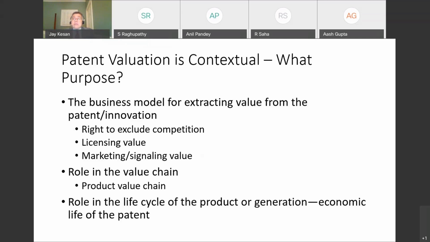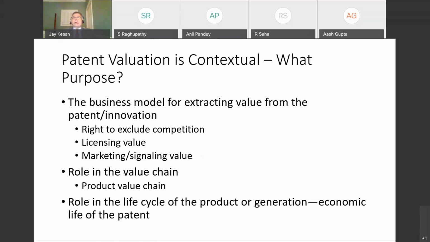Very often, there is a third and important form of valuation, and that is the signaling value. In other words, over and above the actual technological value, sometimes patents are deployed to indicate I am an innovative company. I make innovative products. And so you'll find things like patent pending on products.